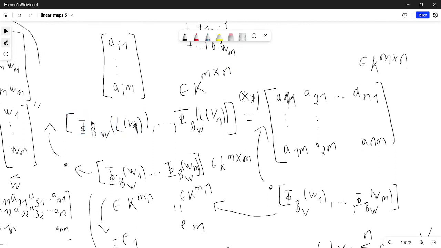We had the coordinates of the images of the basis vectors of the fixed basis BV. We had the coordinates of those images of the basis vectors first in the space W, because those are the images, so they have to be in the space W. We had those coordinates written in a matrix, right?